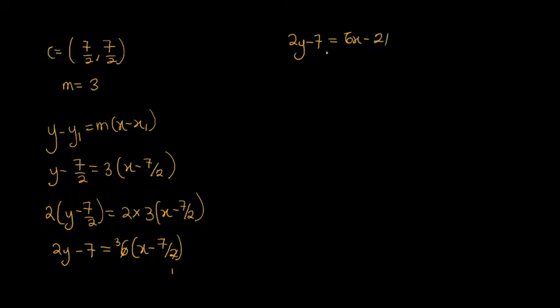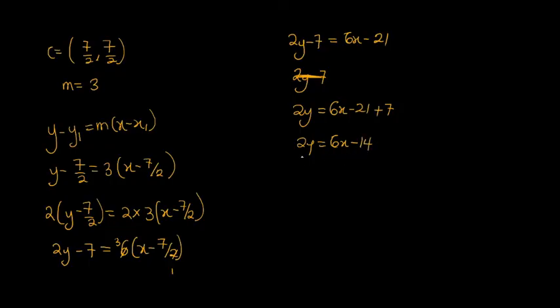So from here I can now go ahead and simplify my equation. So I have 2y here is equal to 6x minus 21. Then I send the negative 7 to the other side, it becomes positive 7. So I have 2y is equal to 6x minus 21 plus 7 will give me minus 14.